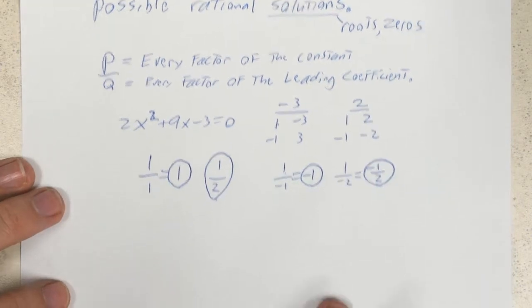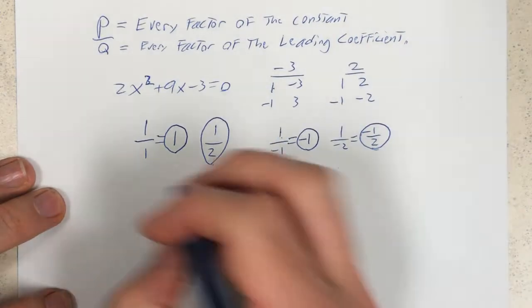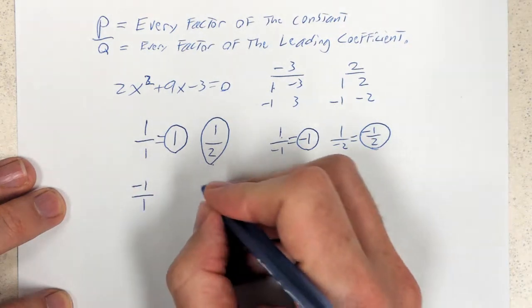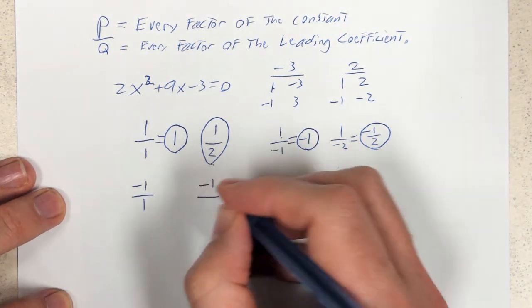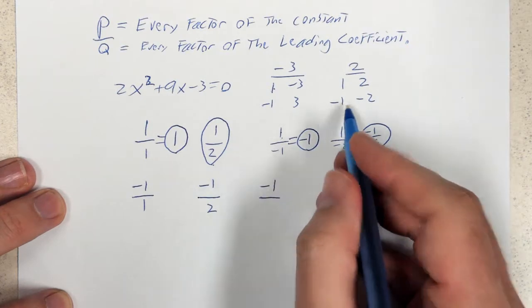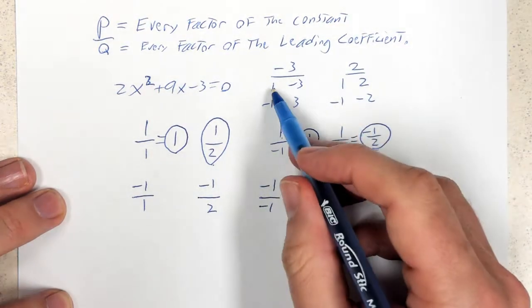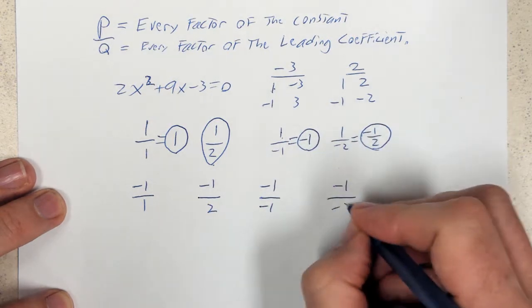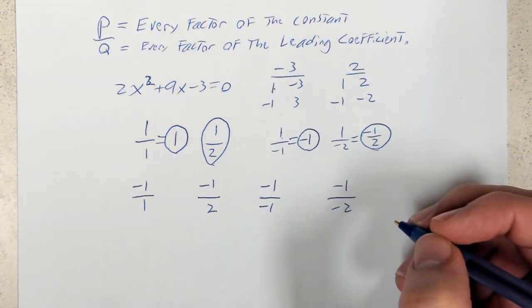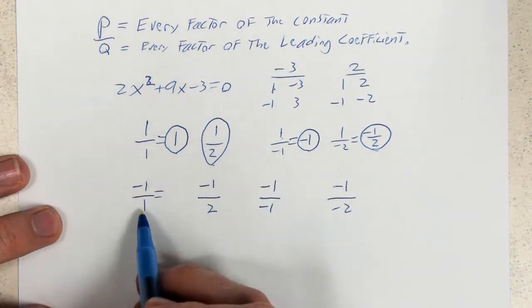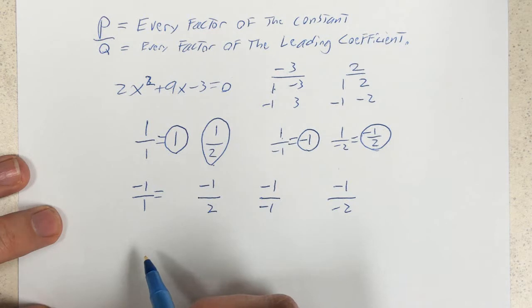Let's do the -1 next. -1 divided by 1, -1 divided by 2, -1 divided by -1, and -1 divided by -2. -1 divided by 1 is going to get us -1.